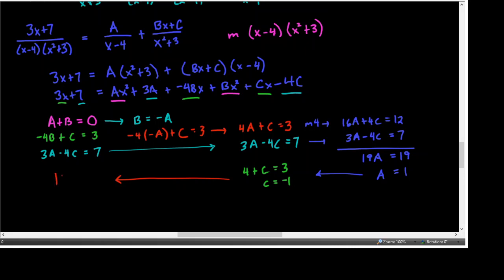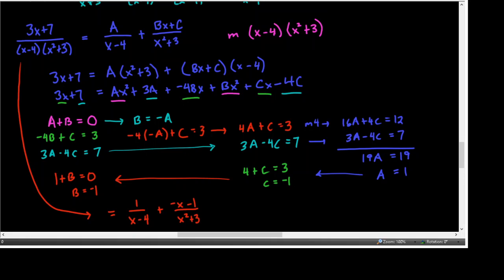So 1 plus b is 0, which means b is negative 1. And so consequently, that original problem decomposes into 1 over x minus 4 plus the opposite of x minus 1 over x squared plus 3.